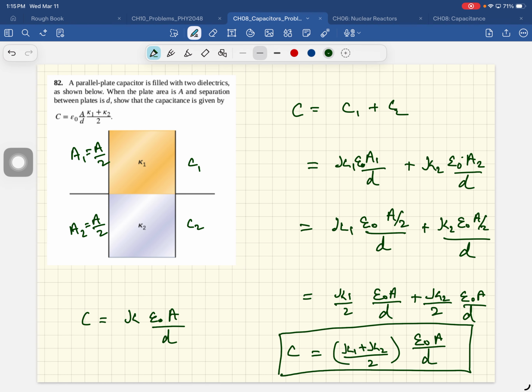And you see this is the effective dielectric constant.